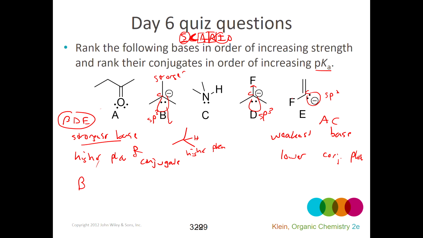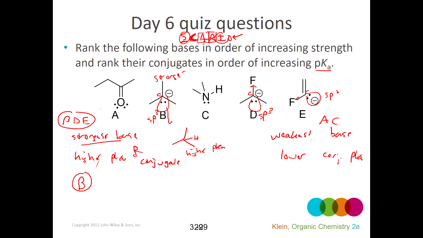D and E both have that induction to pull the electrons out so they're not so concentrated all in that area, creating so much instability. This one really needs to pick up a proton because it's really unstable as it is. So then the difference between D and E is a difference in the orbital. D has a slightly less compact, more elongated orbital.